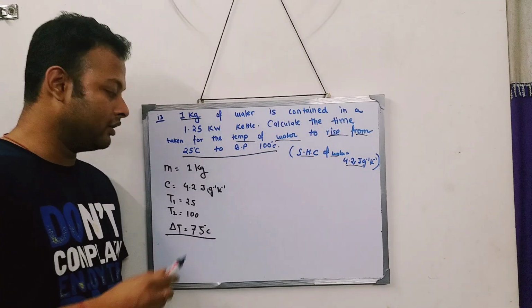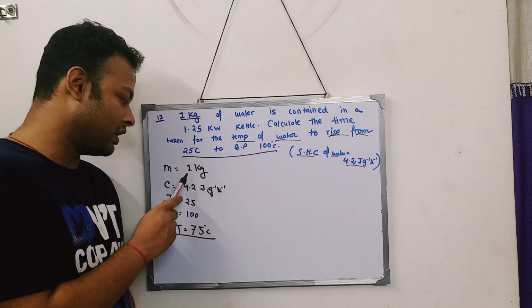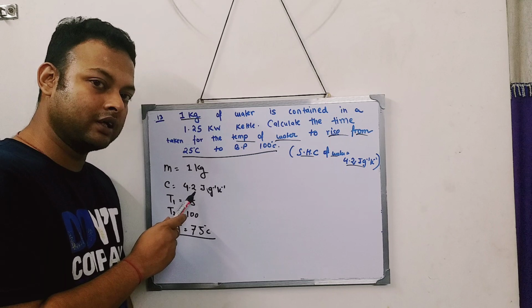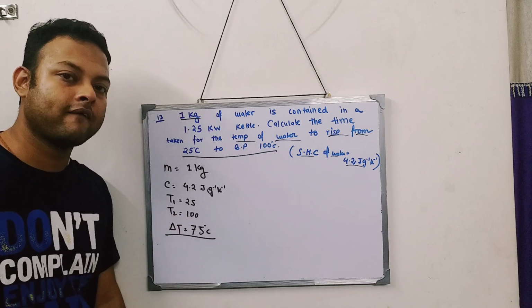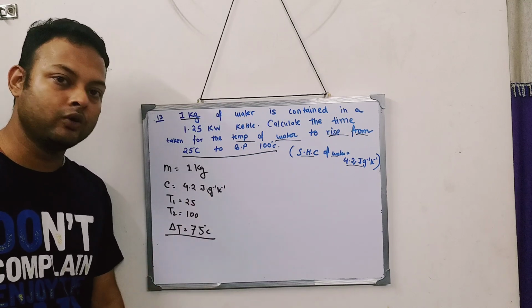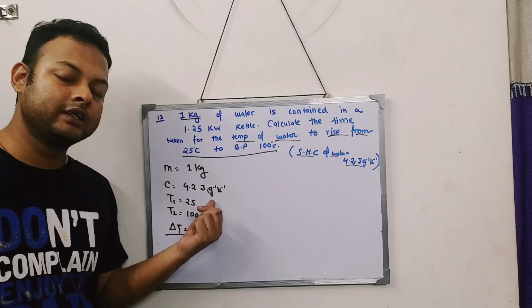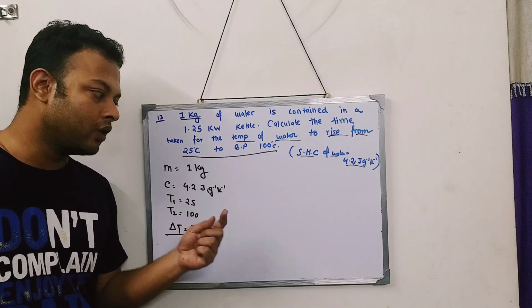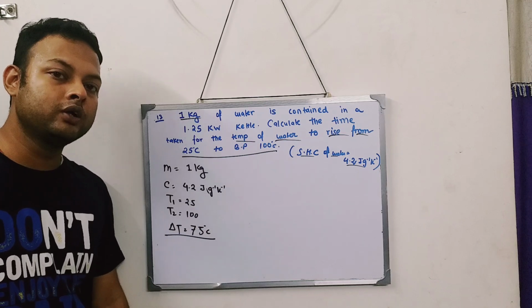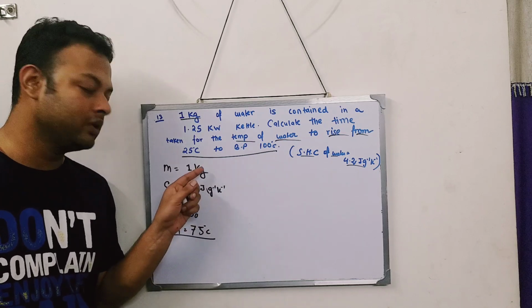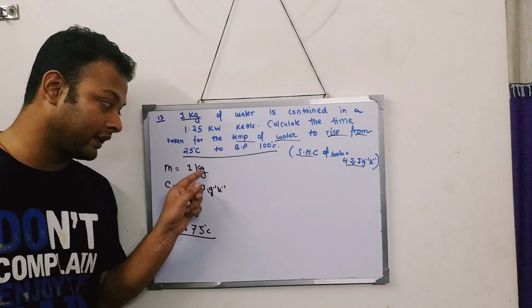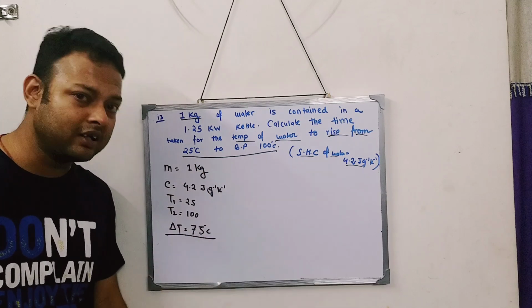Now over here, very important, look, this mass and the specific heat capacity, are they in the same unit? No, they are not in the same unit. One is in kg, the other is in gram. So what you are supposed to do, which one should you change? Should you change the kg or should you change the gram? Think.